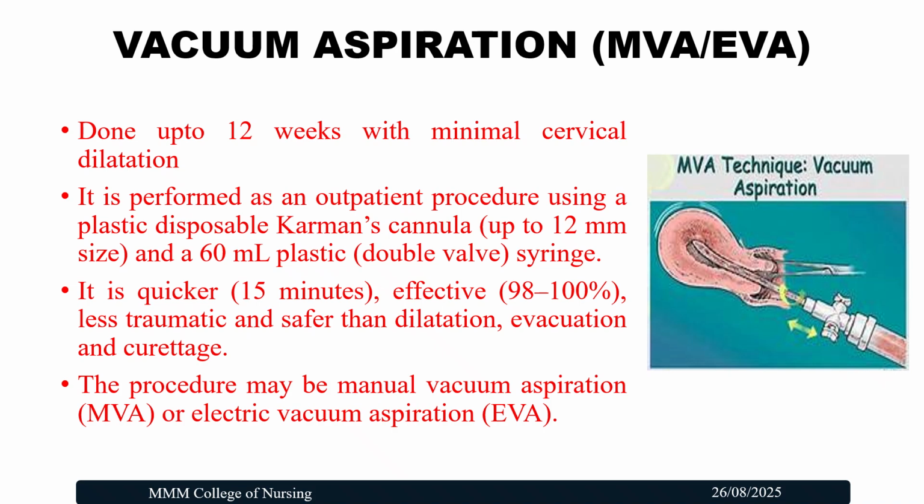It is a quicker procedure, about 15 minutes, and 98 to 100 percent effective. Vacuum aspiration is less traumatic and safer than dilation, evacuation and curettage. The procedure may be manual vacuum aspiration, or electric vacuum aspiration can also be done.